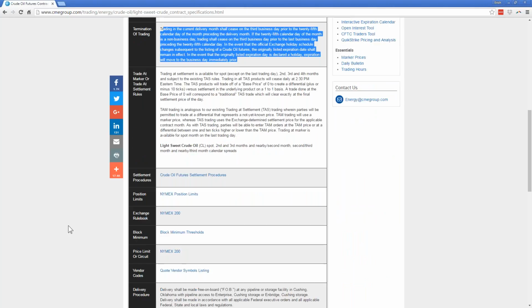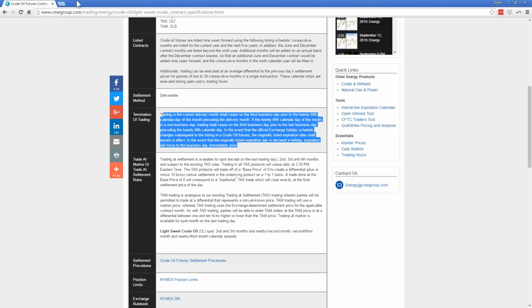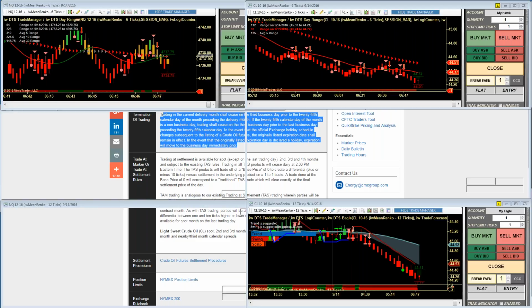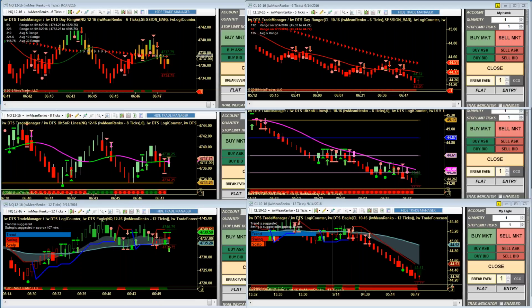You can also follow the volume on the charts. So essentially, crude oil terminates the third week of the month before the contract month. Does that make sense? So if you're looking at October crude, it's going to expire the third week of September.